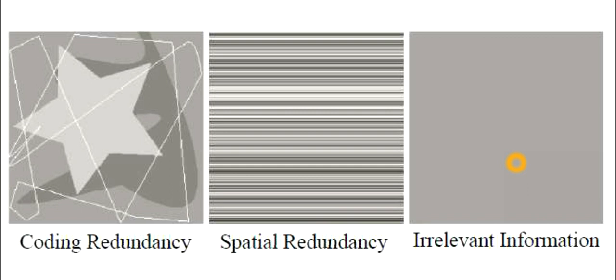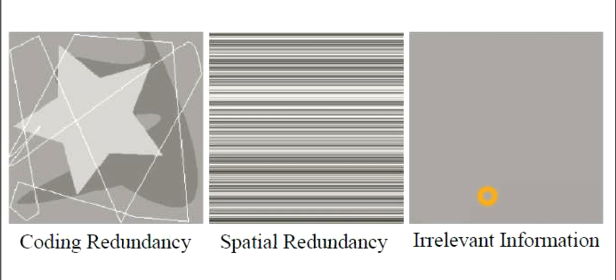Today's first question for you: as you attended the last lecture, you know what coding redundancy, spatial redundancy, and irrelevant information are. These are the three different types of data redundancy. Define each of them through a comment.